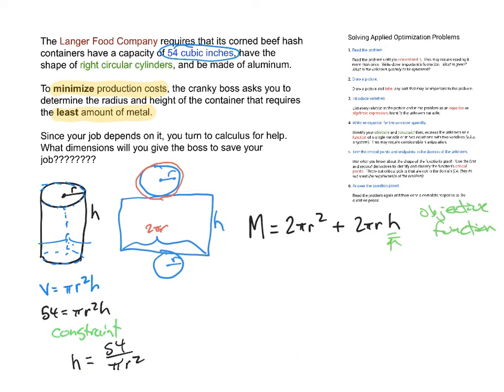And now my function is m equals 2 pi r squared, we did not mess with that, plus 2 pi r times 54 over pi r squared.